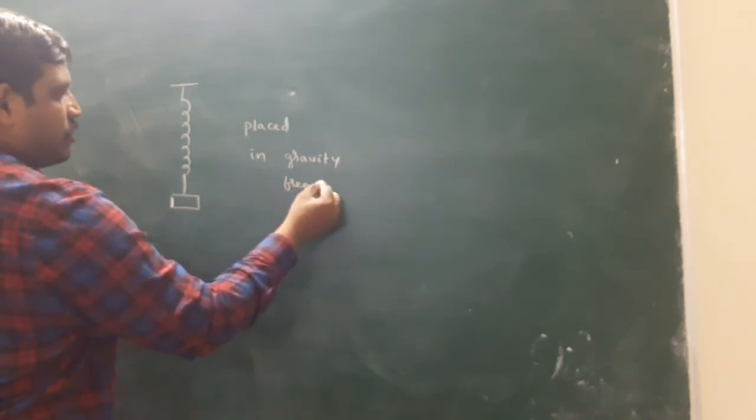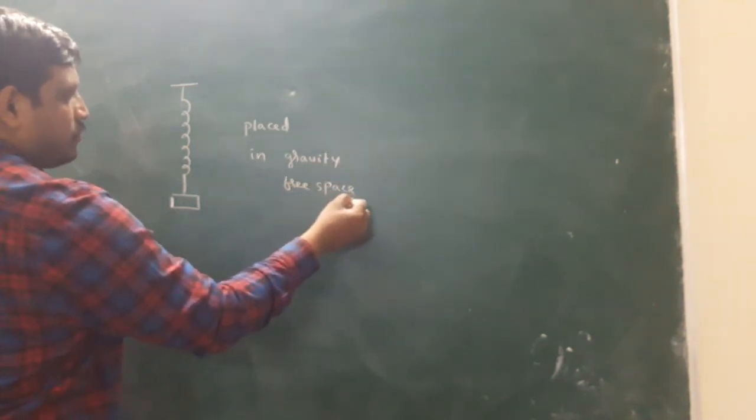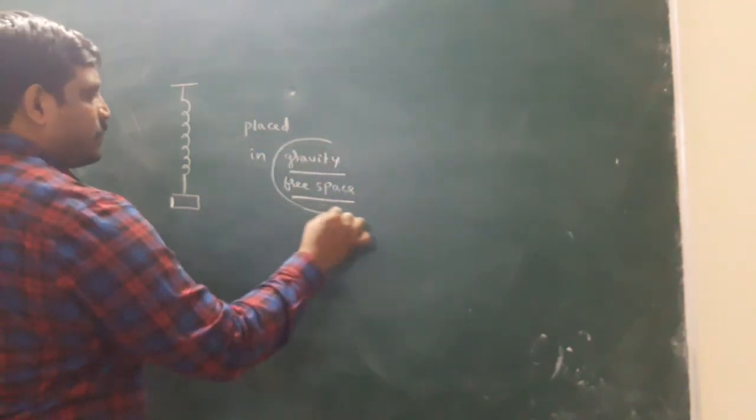The best example is inside an artificial satellite, where gravity becomes zero. Inside the earth, at the center of the earth, gravity becomes zero. In a freely falling lift, the net acceleration due to gravity inside is zero. In this gravity free space, a simple pendulum does not oscillate. Yesterday I discussed this: simple pendulum does not oscillate.